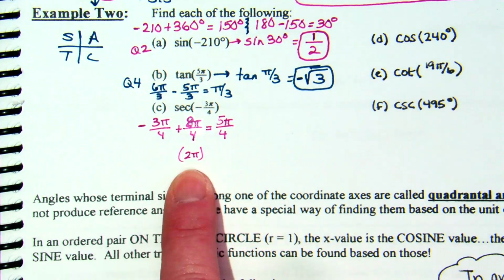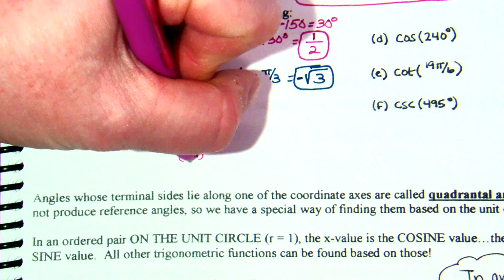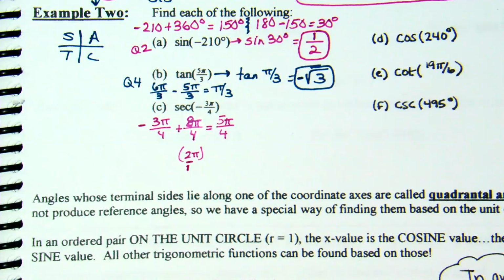I mean 8 pi over 4? You're always adding 2 pi, but 2 pi is equivalent to 8 over 4. Because 2 as a fraction, 2 over 1, is equivalent to 8 fourths, 8 over 4.